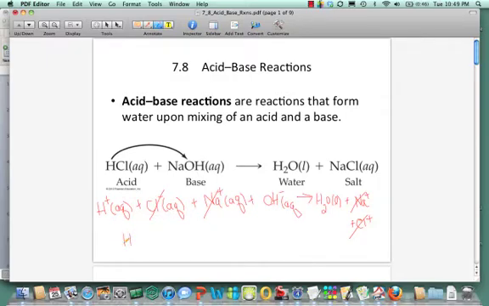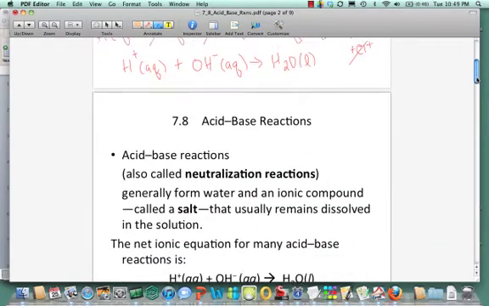We're left with H plus aqueous plus OH minus aqueous gives us H2O liquid. This is what is called a net ionic equation.